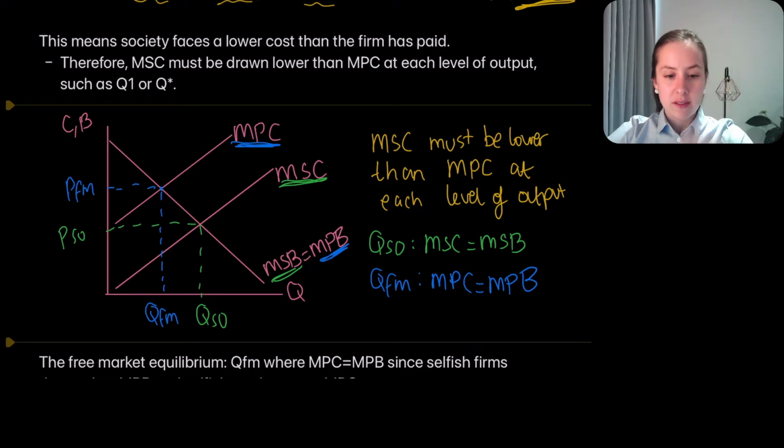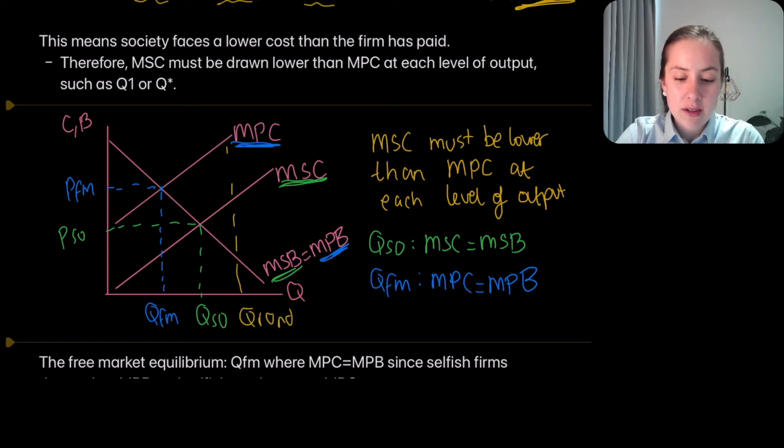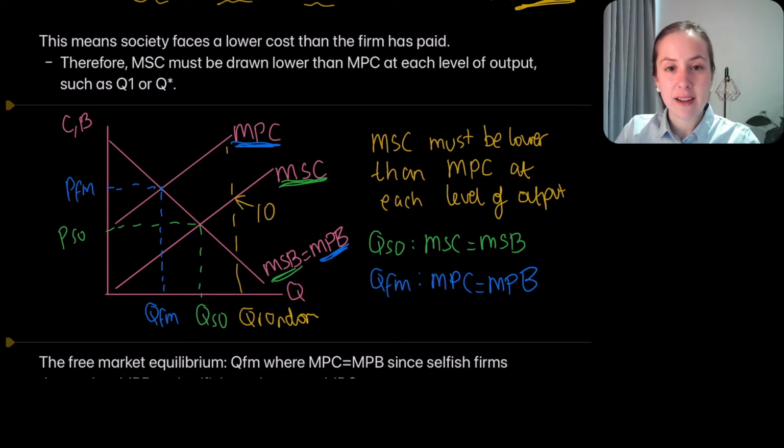We're going along the quantity axis. So for example, take a random quantity, Q random. You can see that the social cost is here, let's give it a 10, which is less than the private cost, which is 15. That just illustrates that when you deal with the positive production externality, think vertically and think that the MSC is lower than the MPC. Literally vertically lower.